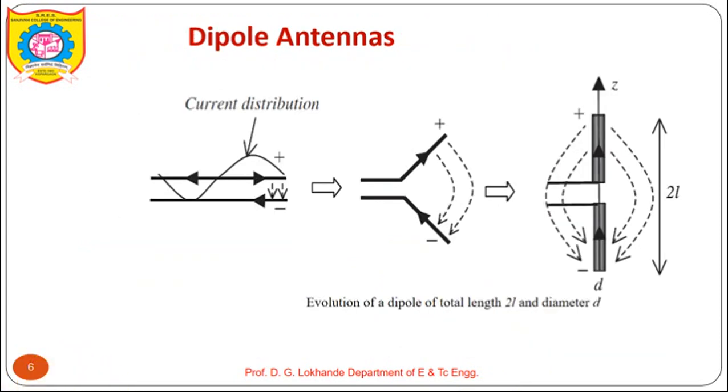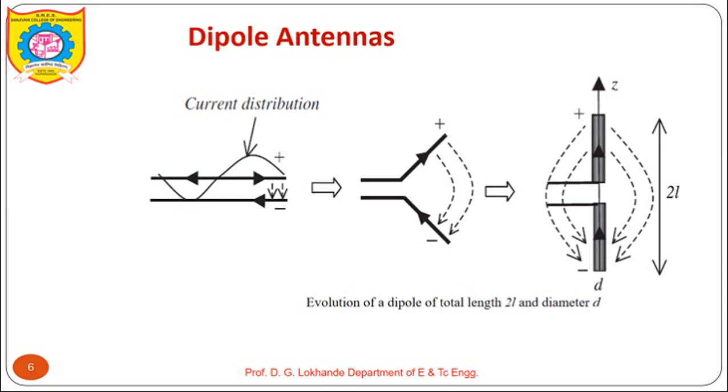Now, the dipole antenna. We know very well the movement of free electrons on the conductor representing the transmission line and the antenna. In order to illustrate the current distribution on a linear dipole, let us first begin with the geometry of a lossless two-wire transmission line.